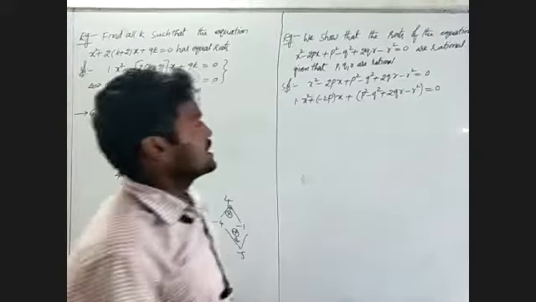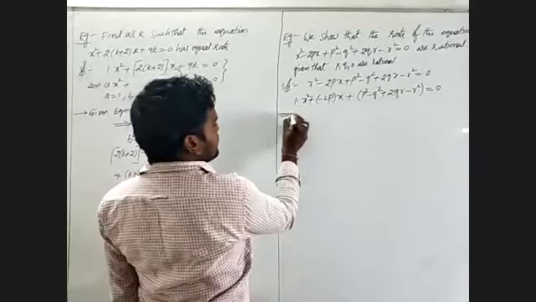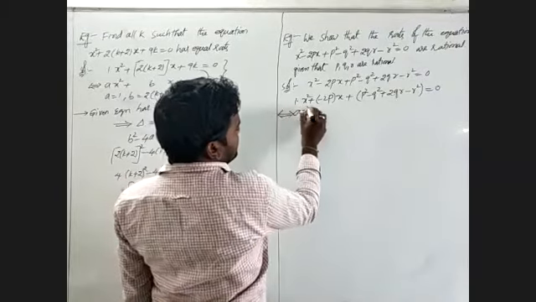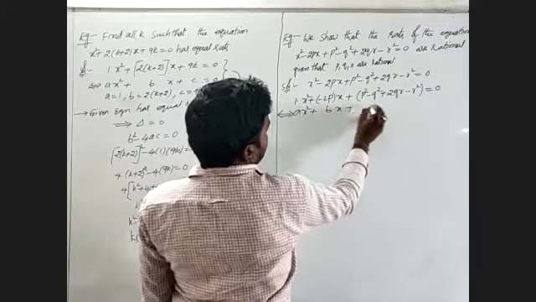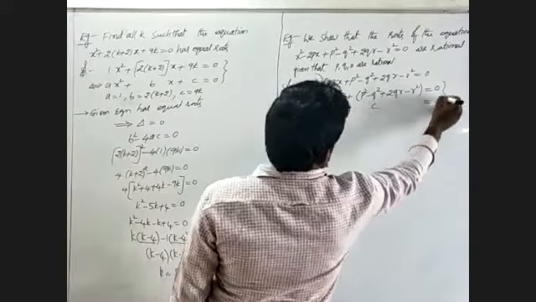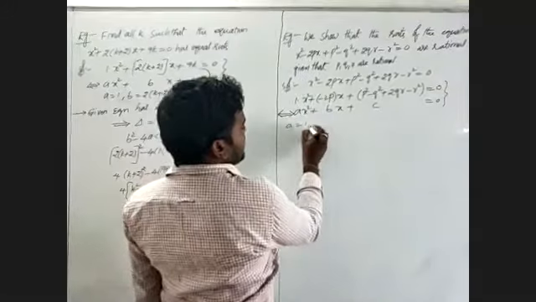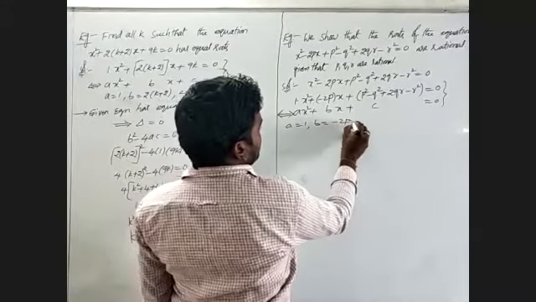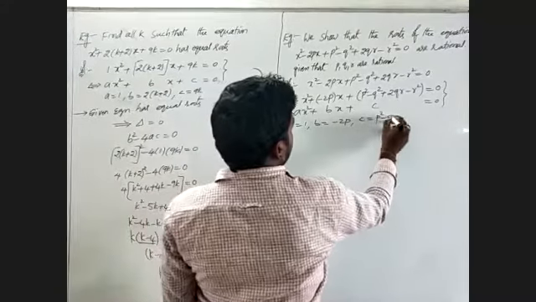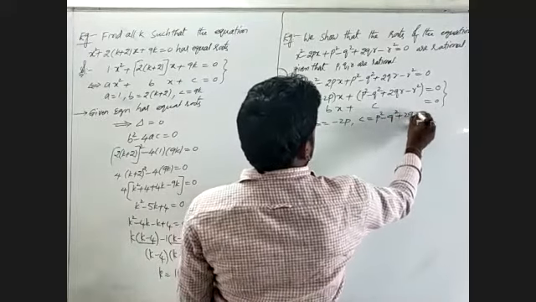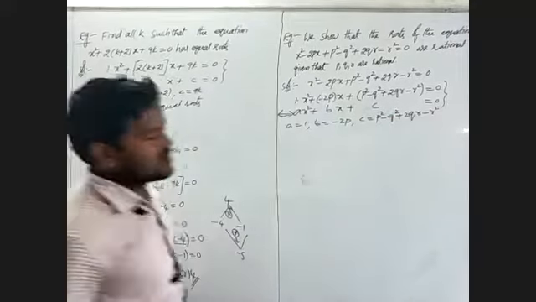Given one can compare with ax square plus bx plus c is equal to 0, where a is 1, b is minus 2p, and c is p square minus q square plus 2qr minus r square.